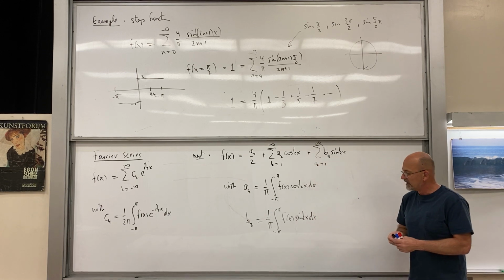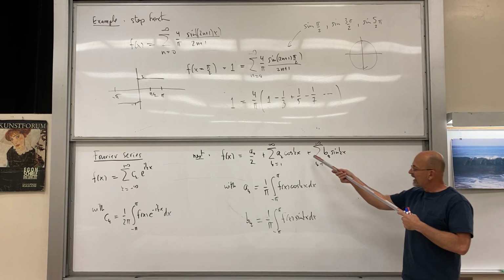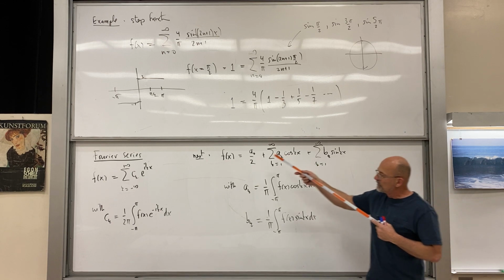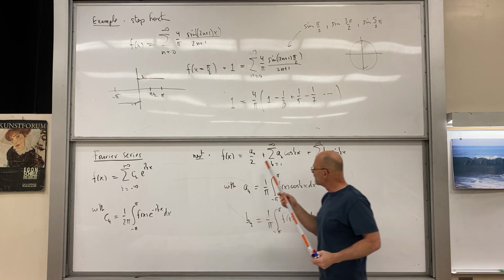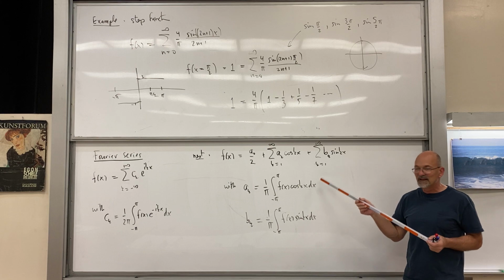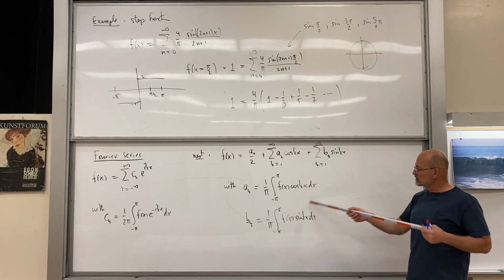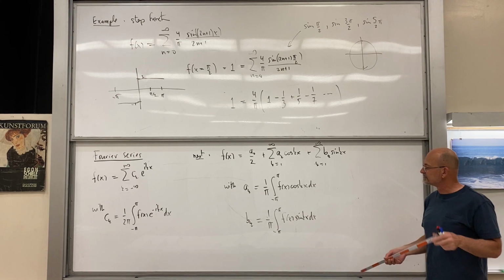And there are times when this way of looking at it is easier to use than this way right here. In fact, we could have done the integration we just did using this form here, and maybe I'll put that on the homework.